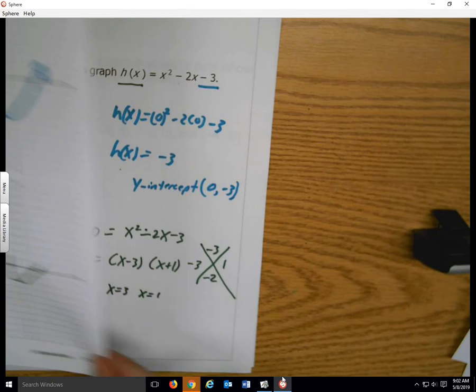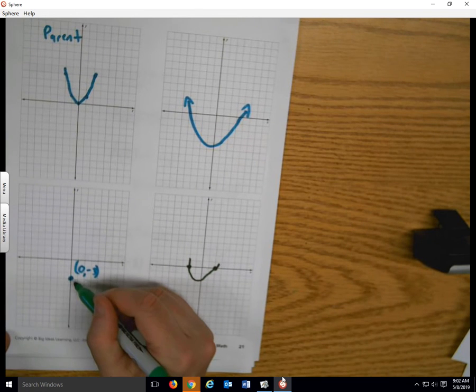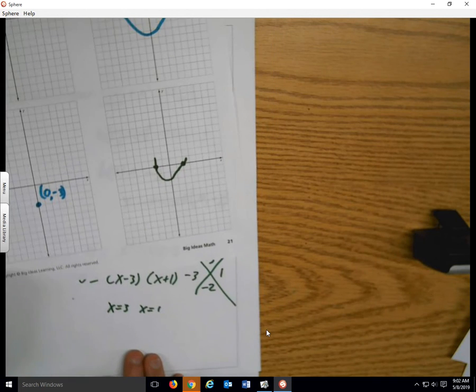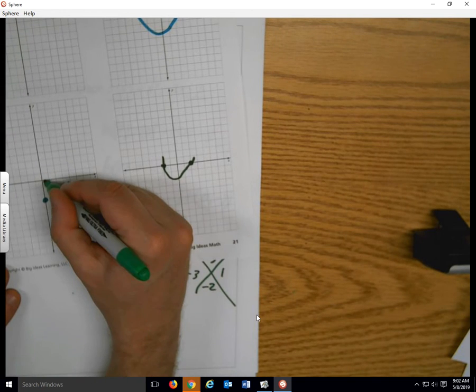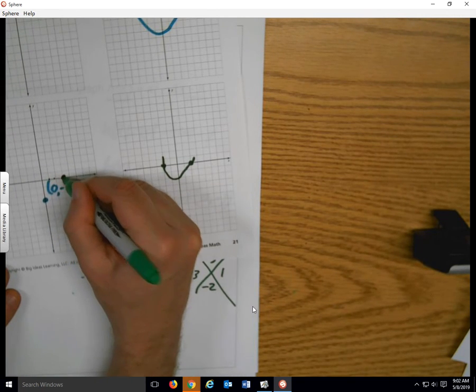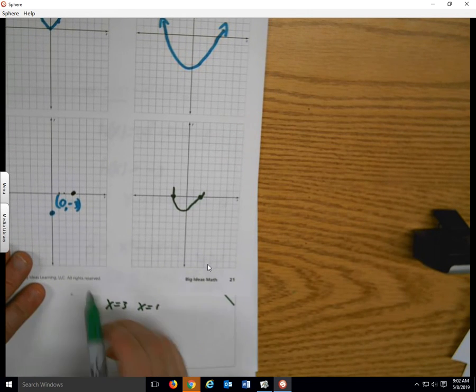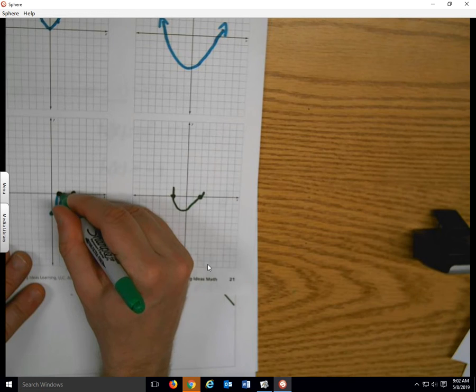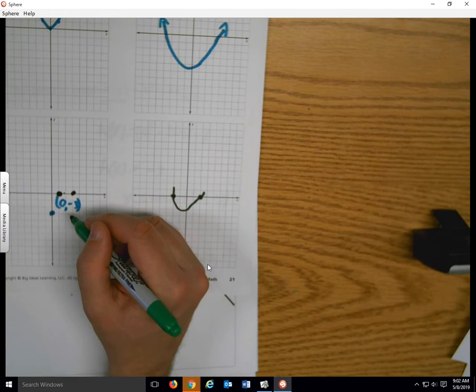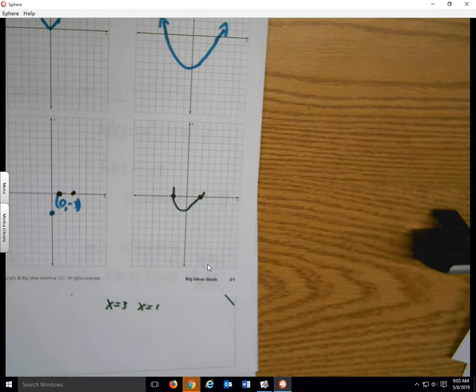And so on the same graph where we did the y-intercept, we now have these x-intercepts, where x is 3, 1, 2, 3, and x is 1. And you can see that we have some of these points here on the parabola.